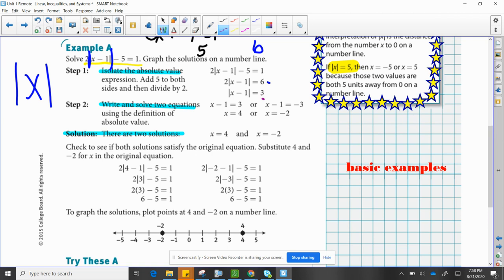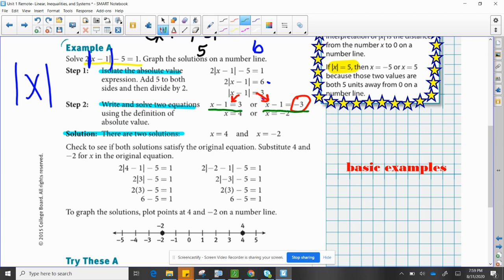Once your absolute value is isolated, meaning by itself, you're going to split it into two equations. Okay, so this first equation, it basically looks almost the same. They just drop the absolute value bars. The second equation, the only difference is they just change the sign on the right side. So these two equations technically look the same.